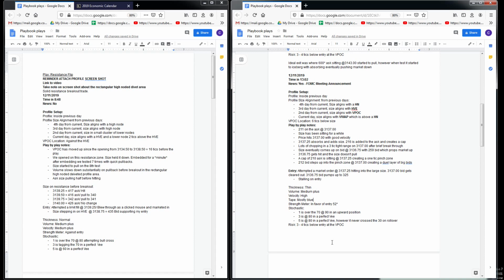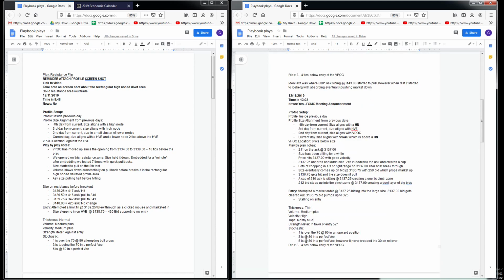I'm going to take a shorter version of just the play, just the entry, so it's only about 2-3 minutes, and have these setups linked with some screenshot charts of the heat map. I'll show you guys in another video.